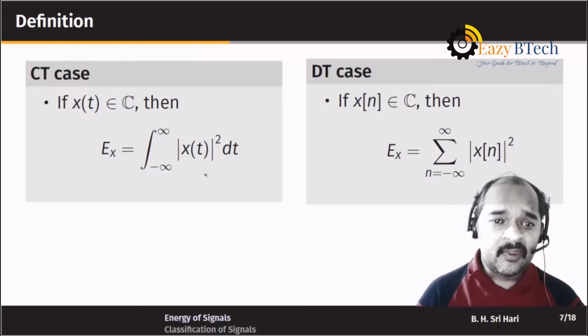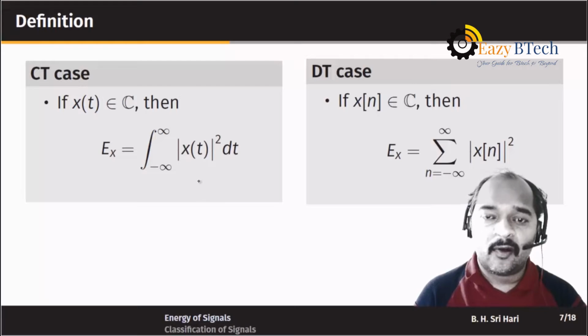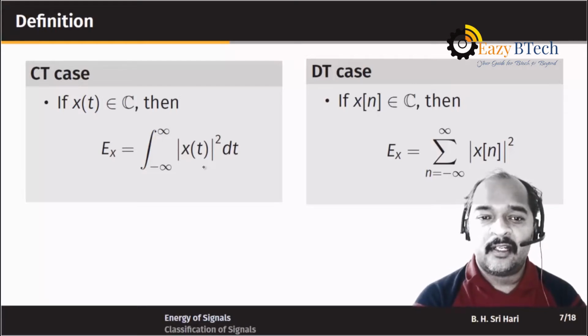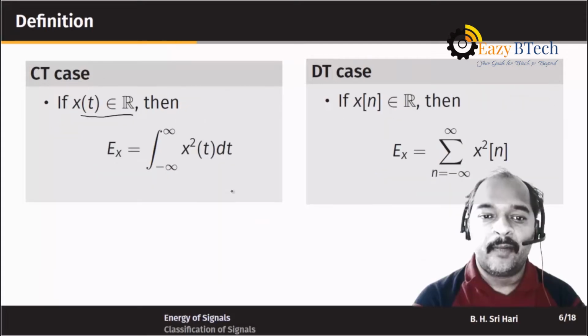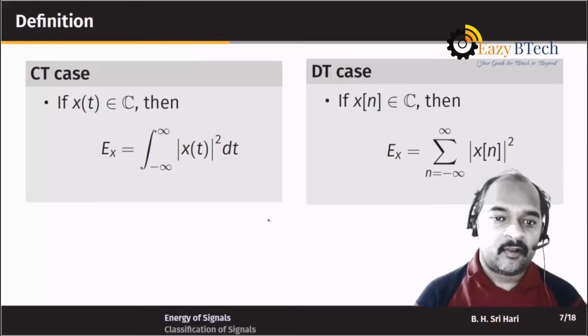But what happens if the signal is complex? This result can be directly obtained from the definition of the energy itself. If you assume that this is some complex number z, then this one would be z star. What happens if you multiply a complex number with its conjugate? You get the absolute value of that complex number whole square, and that is what we have here.